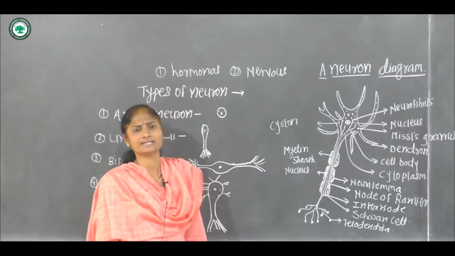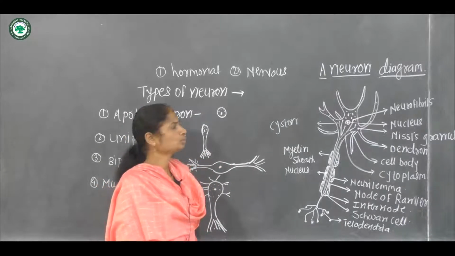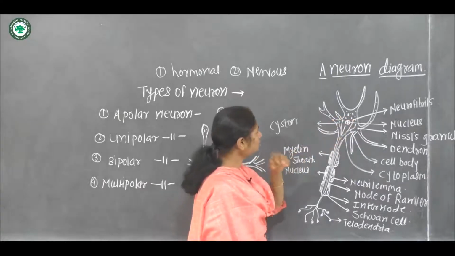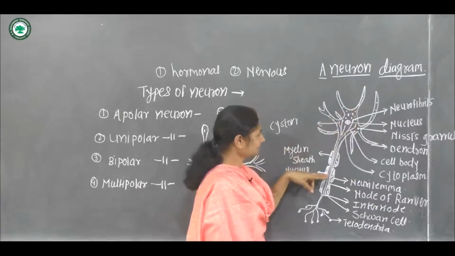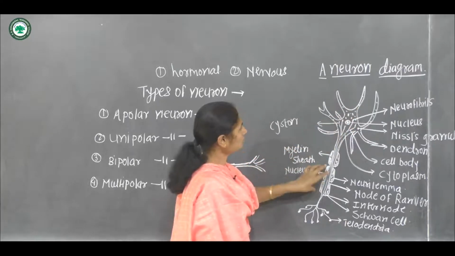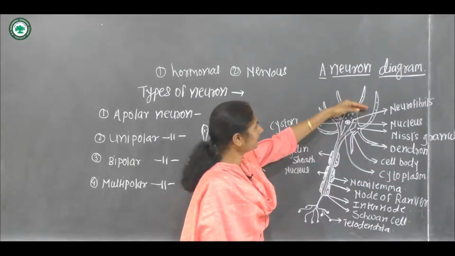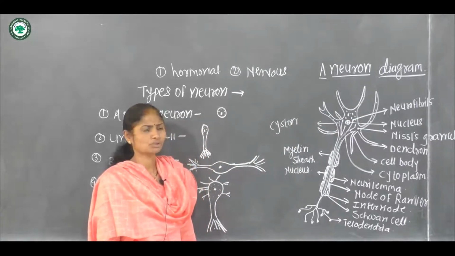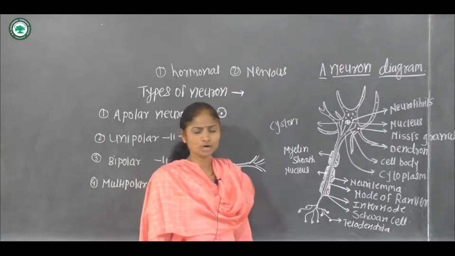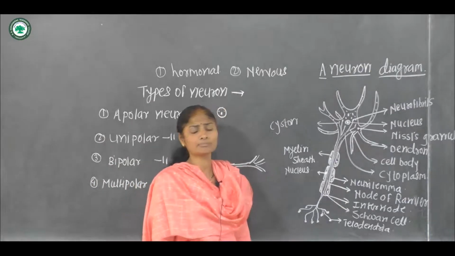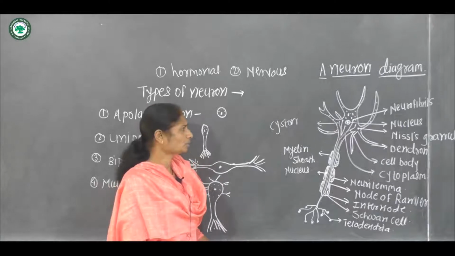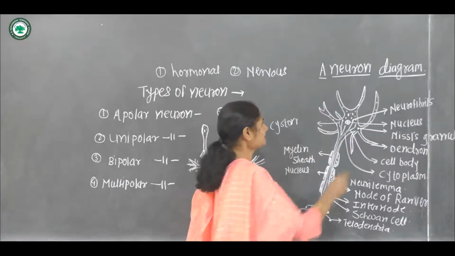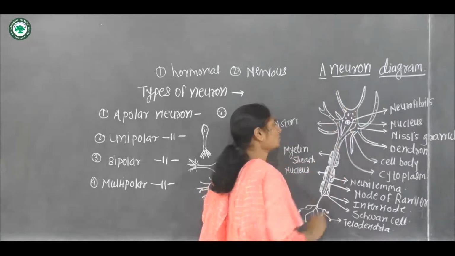The cell cytoplasm is drawn out into two processes. Here the cyton forms two processes, axon and dendron. Dendrons are short processes and conduct impulses towards the cyton.